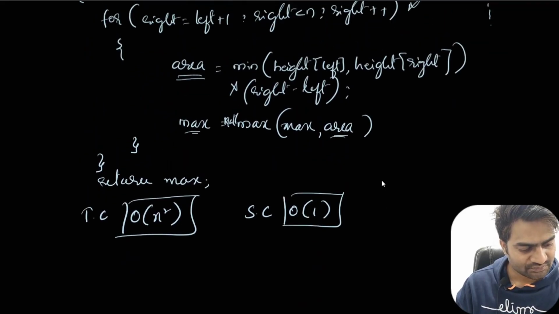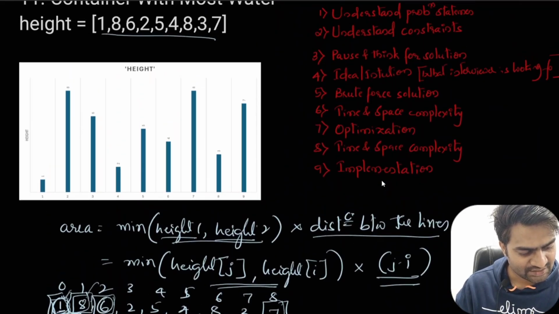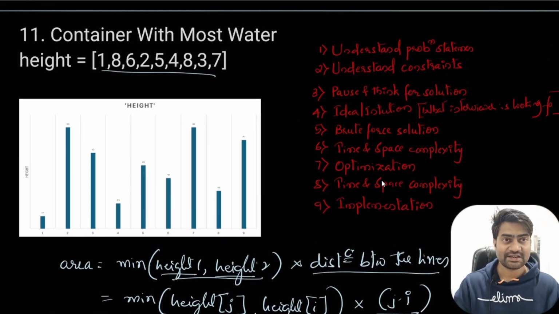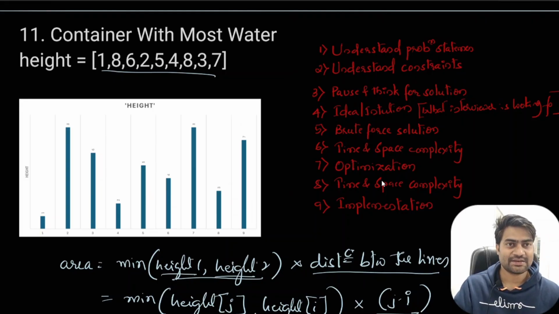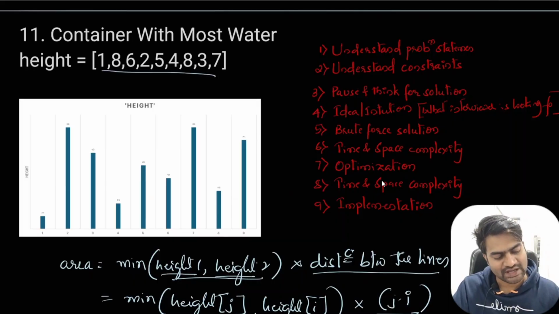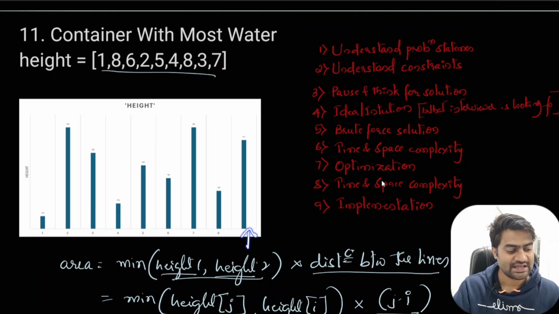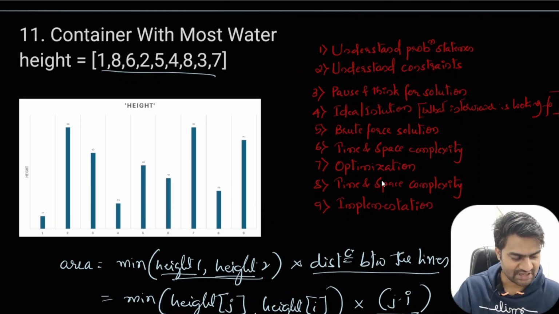So let's go back to this particular diagram. Let us consider using the two pointers technique. Okay, so I will point one pointer to this particular first value and another pointer at the last height. So I will start from here.